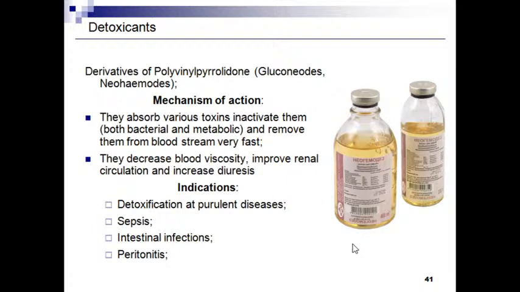Actually, they decrease blood viscosity, they improve renal circulation, and increase diuresis. They provide high diuretic effect. So the indications for application of detoxicants are various inflammatory diseases.